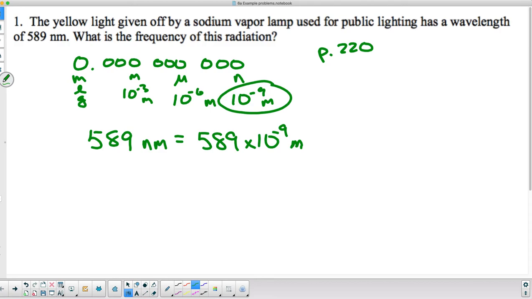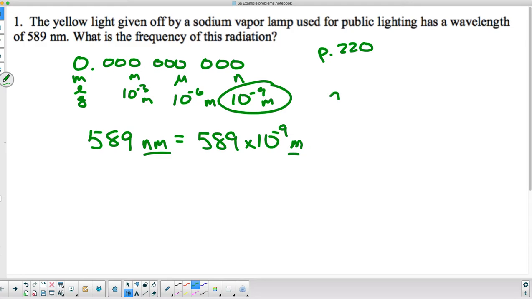Anytime I have nanometers and I want meters, and I do want meters here because I'm looking for the frequency, and to go between frequency and wavelength I have to use the speed of light. The speed of light is listed in meters per second, so I have to change the wavelength from nanometers to meters. You can do that anytime you have the nanometers unit.